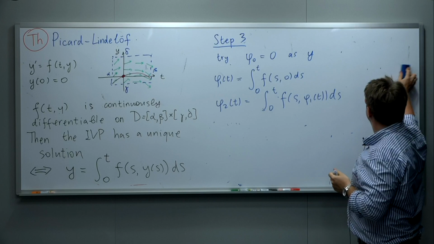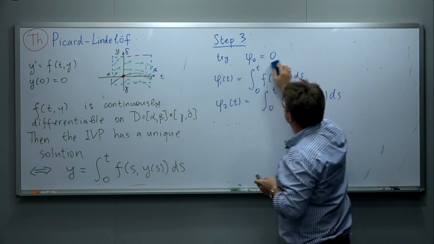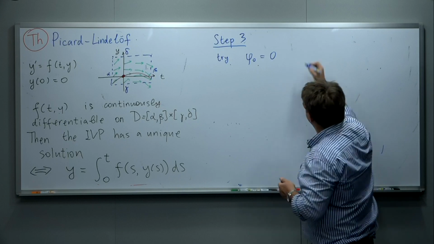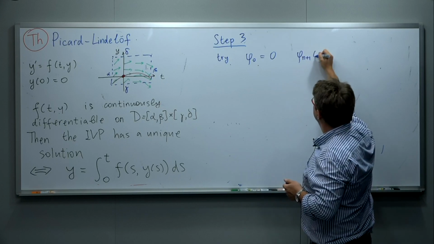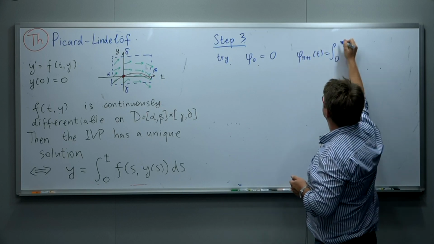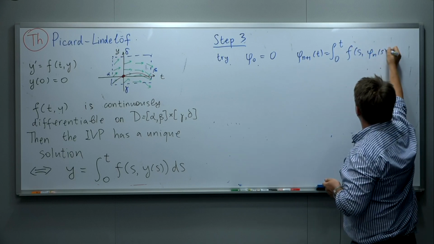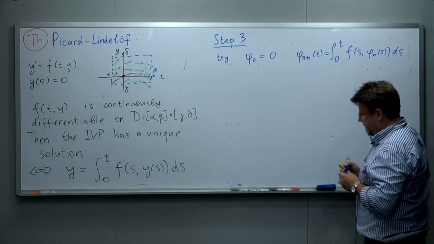This is called the method of successive approximations, and let me write it here. So phi n plus 1 of t is the integral from 0 to t of f of s, phi n of s ds.